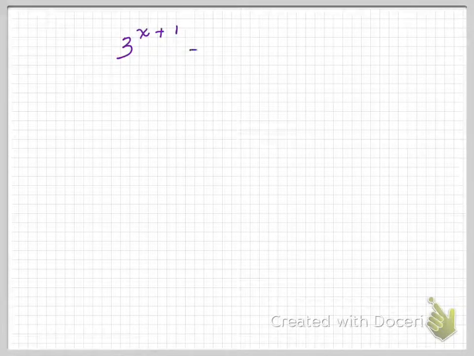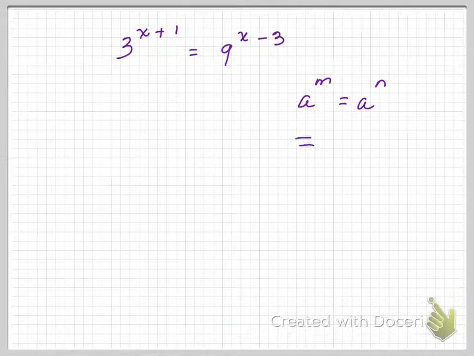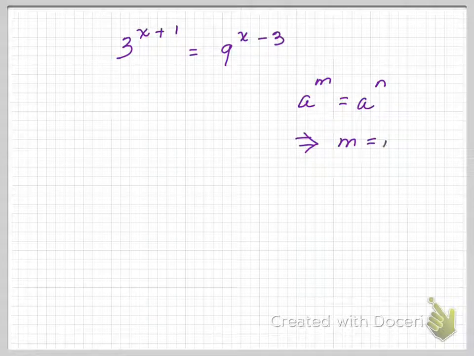The other thing that's in this section is how to solve an exponential equation. So take, for example, 3 to the x plus 1 equals 9 to the x minus 3. In doing that, we use a rule. It says that if a to the m equals a to the n, that implies m equals n.